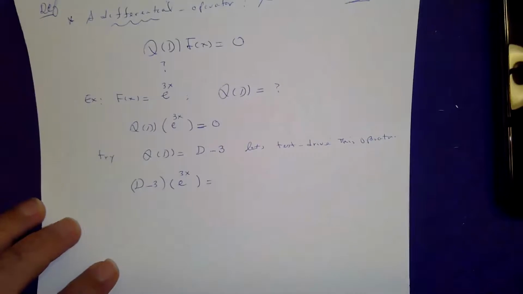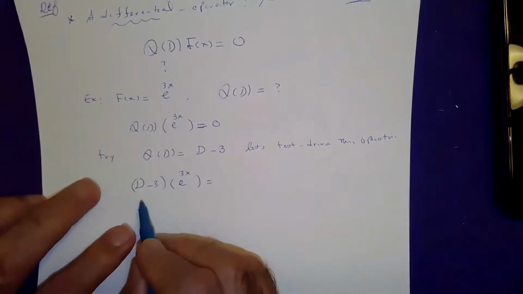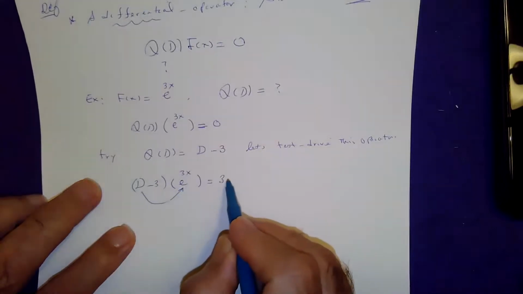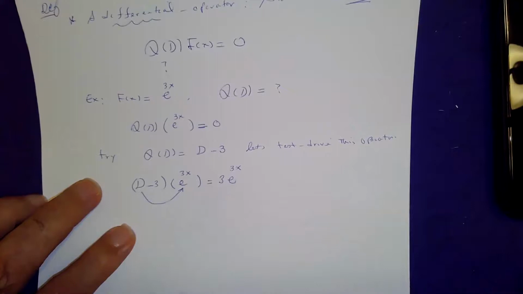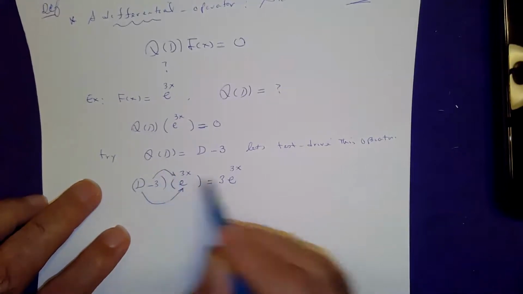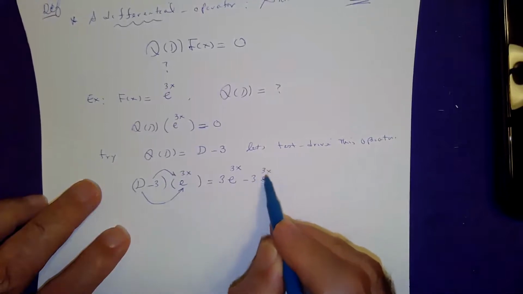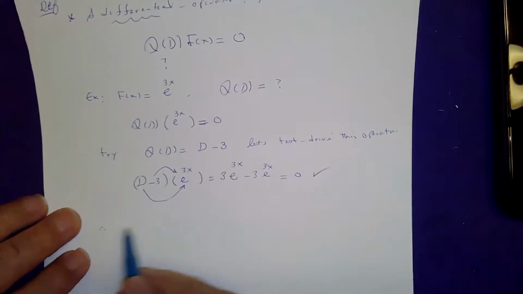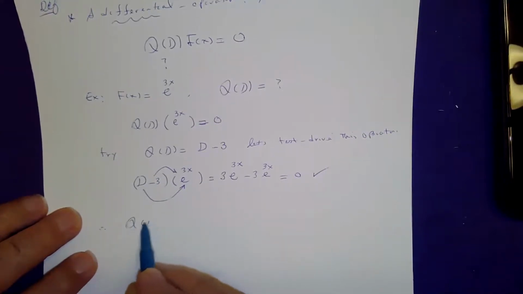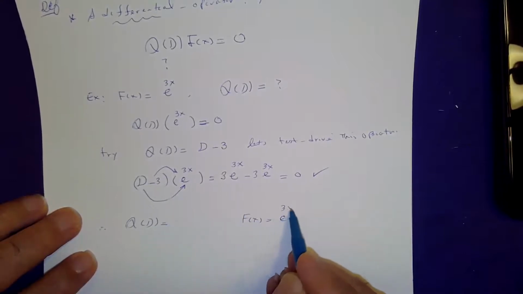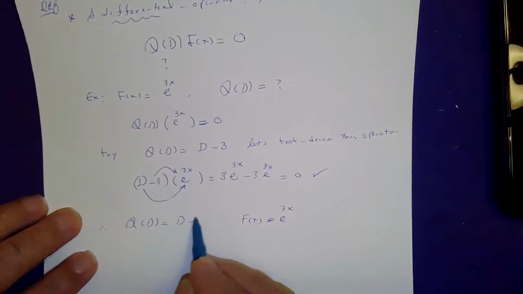So what does that mean? This says take the derivative of e to the 3x, which is 3e to the 3x, and then multiply e to the 3x by negative 3. There. Ta-da! 0. So the conclusion is that the annihilator for e to the 3x is D minus 3.